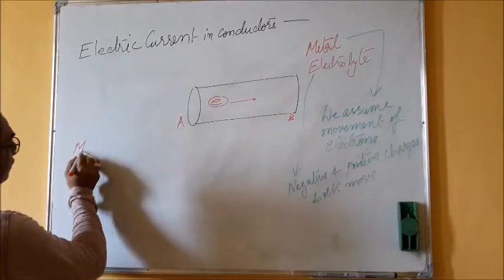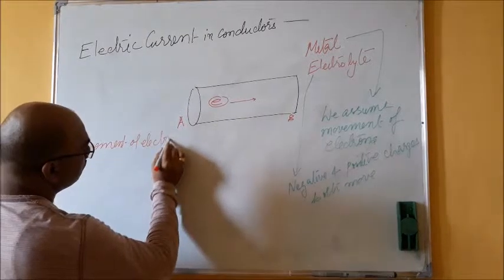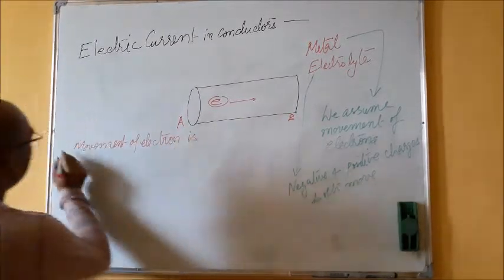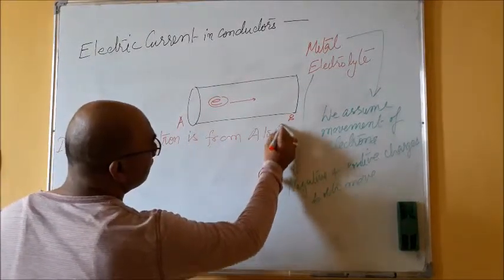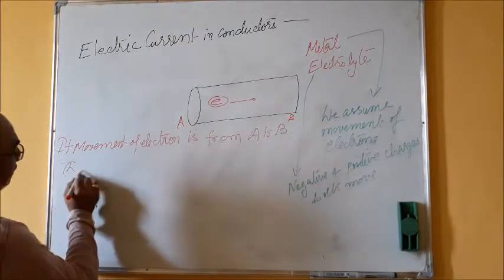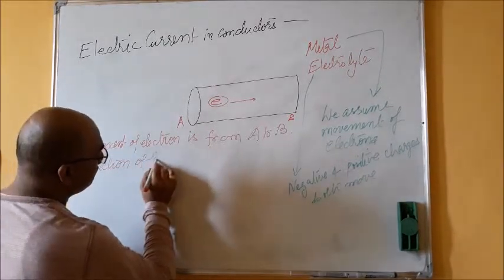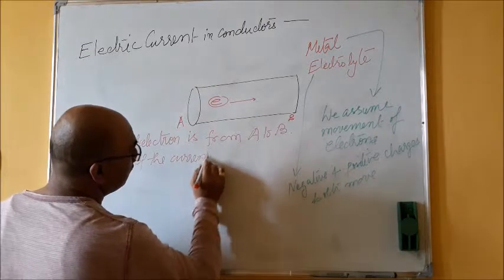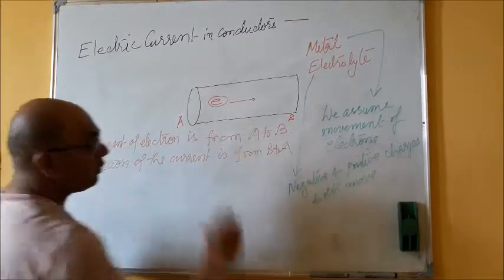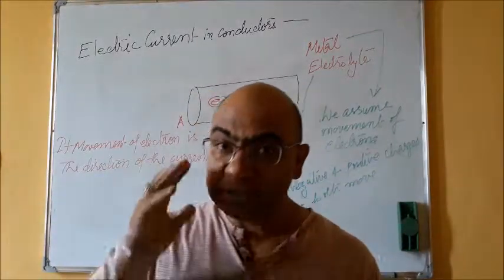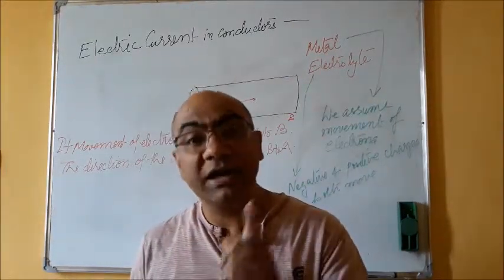So the movement of electrons is from A to B. So the direction of the current is from B to A. Okay, so this means we assume that the direction of the current is opposite to the movement of the negative charge particle.